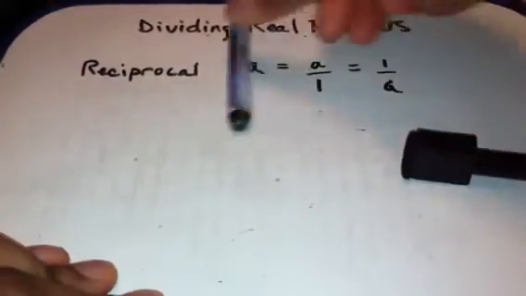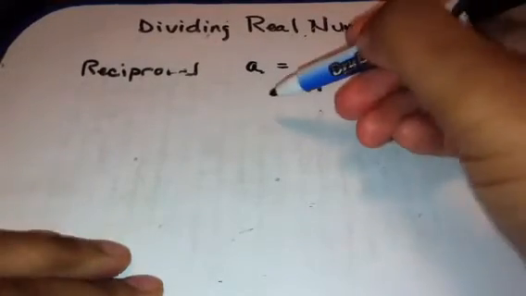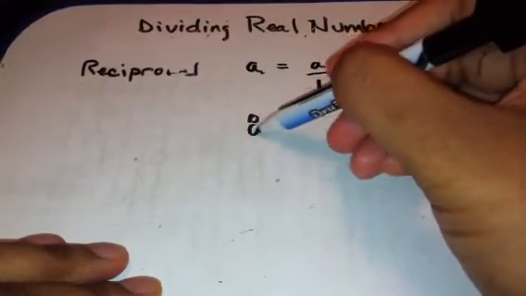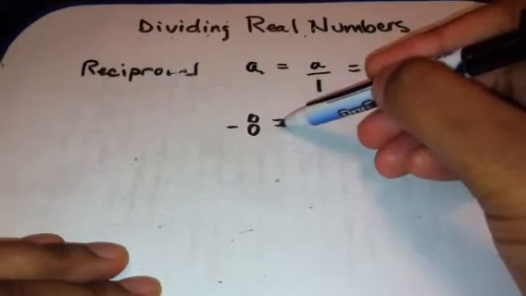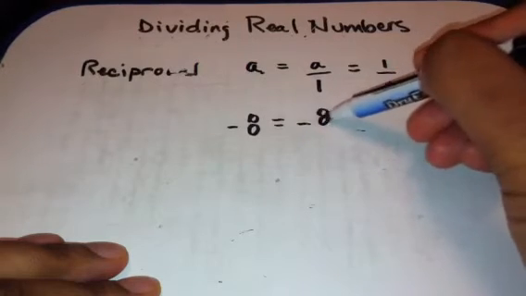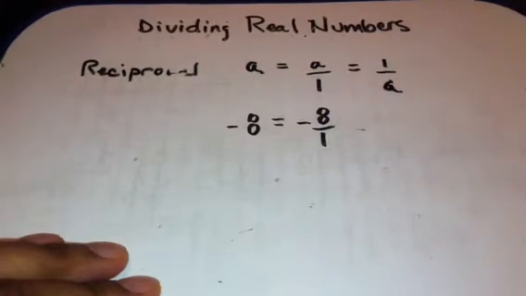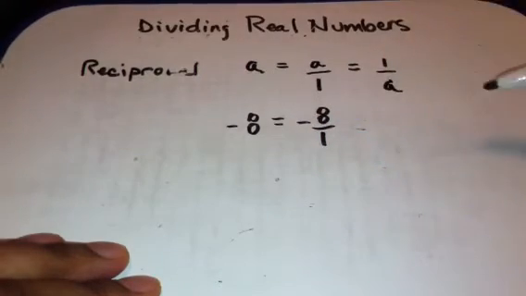Okay, so let's do this with a number. Negative 8. Negative 8 is the same thing as the fraction negative 8 over 1. And that negative sign applies to the whole fraction.